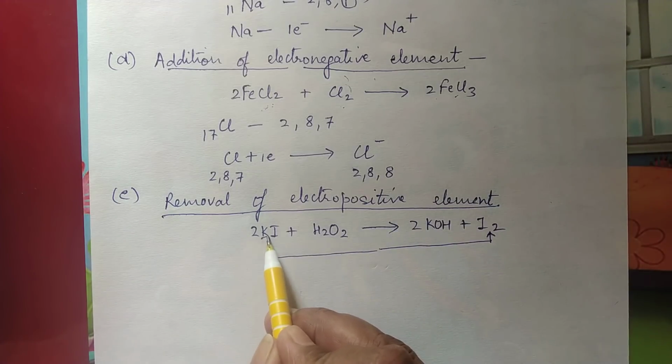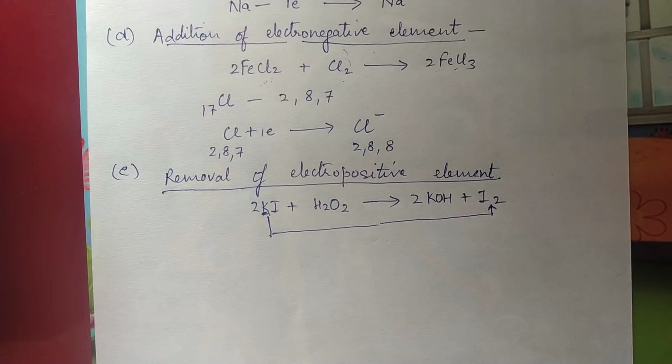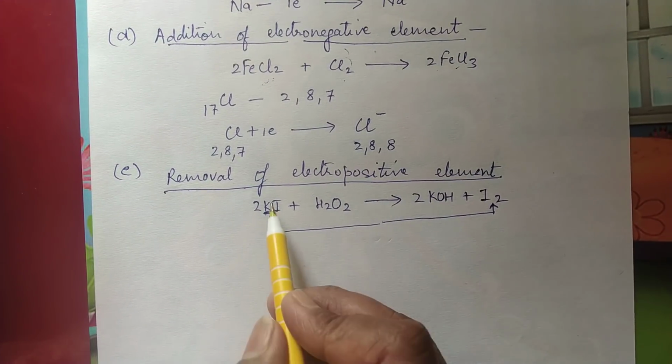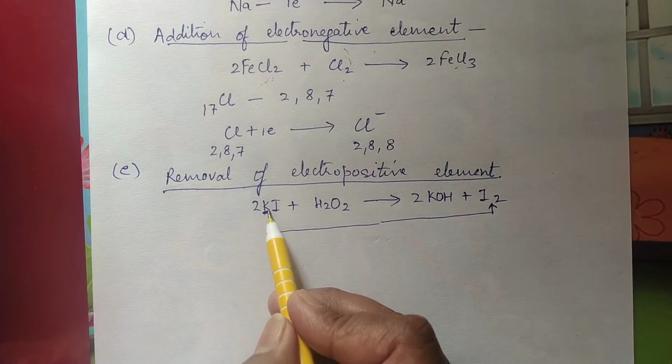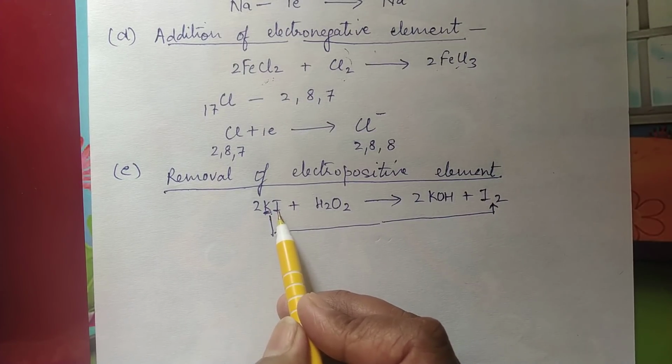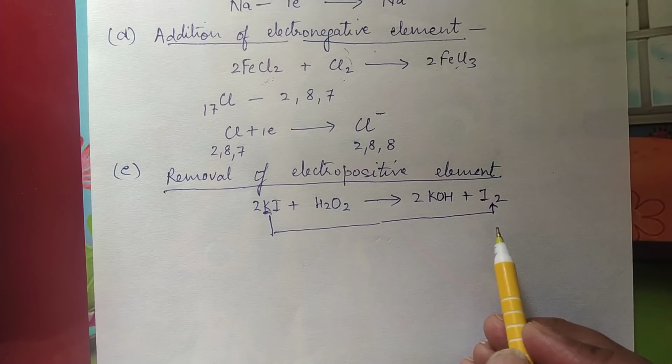This loss of potassium from potassium iodide to form iodine is an oxidation process.